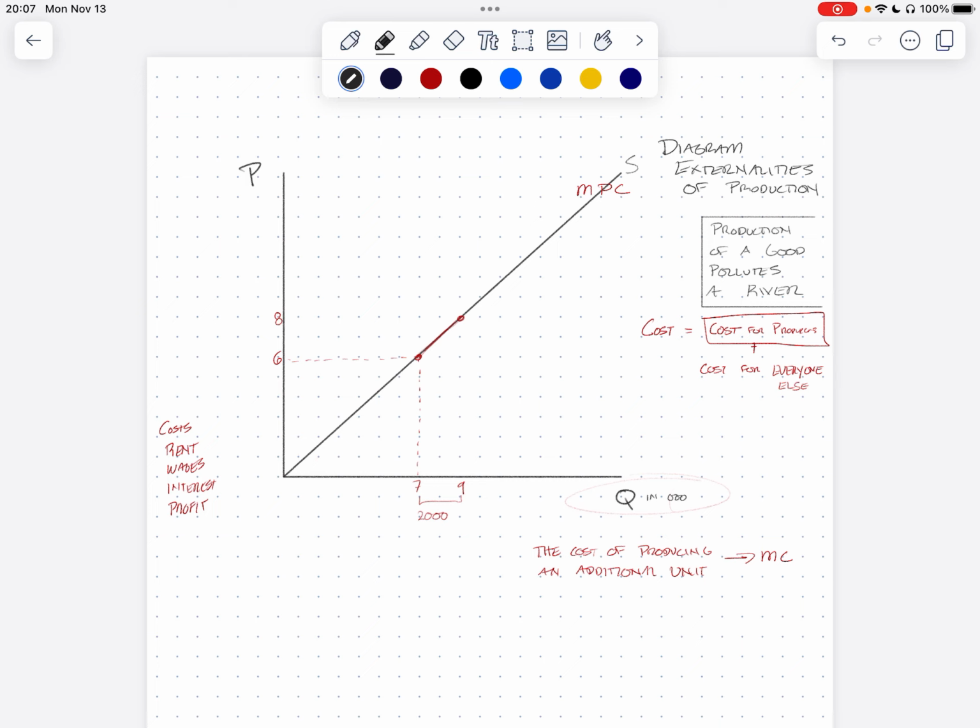In fact, we might, in this case, shift it a little further up. There, we've increased our supply curve. And more or less, we've increased it so that the distance between the two supply curves is about $4 worth.